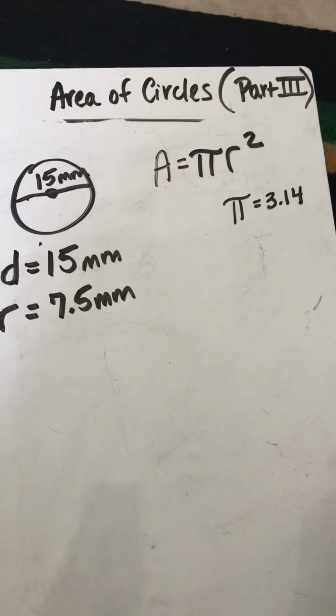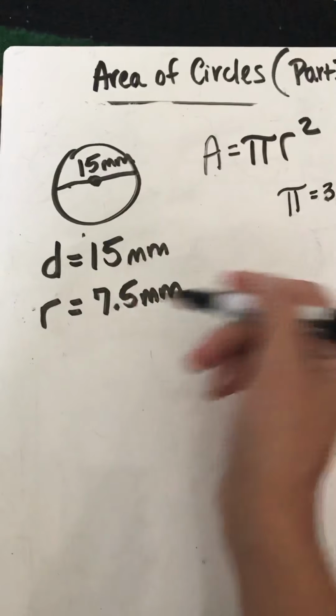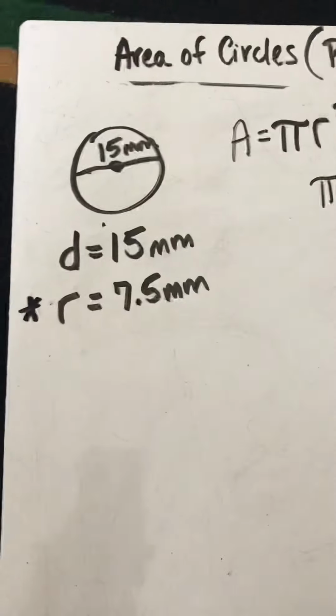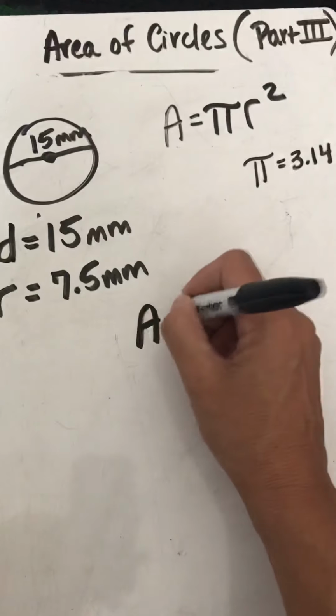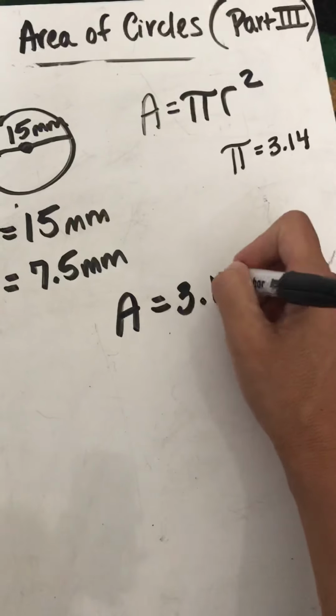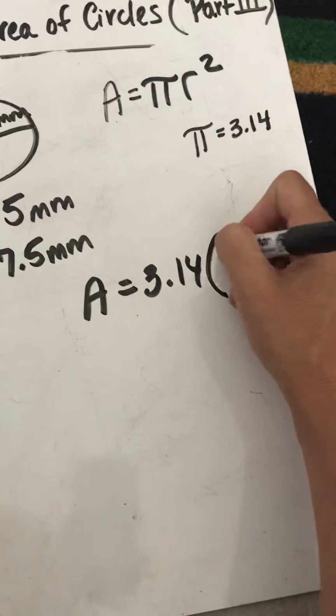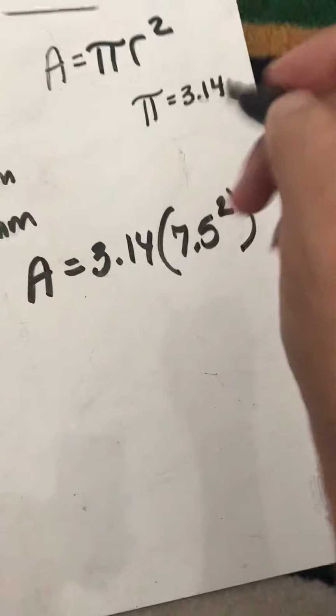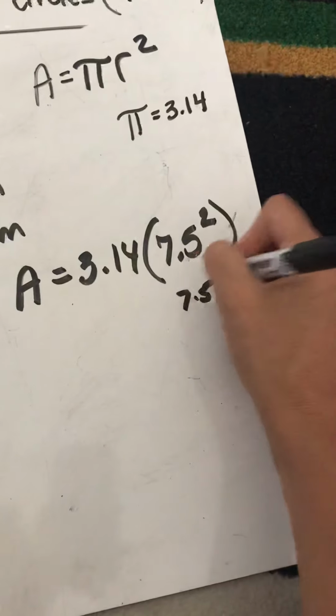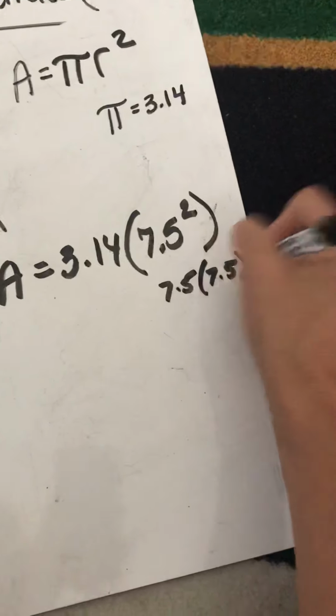Now we have that. If this is confusing you, cross it out, or just note that that's the number we're going to use, and then we just start to plug it in. The area is going to be 3.14 times 7.5 squared. Again, remember, this is just 7.5 times 7.5.